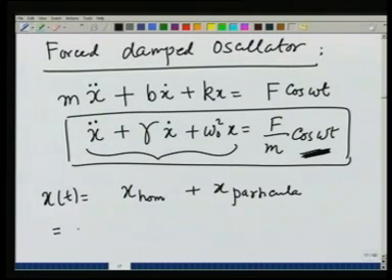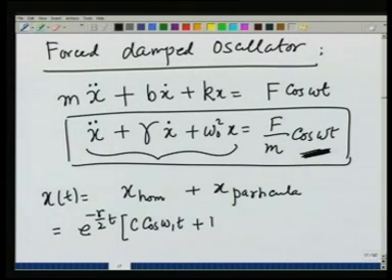In general, this would be e raised to minus gamma over 2 t, which we solved in the previous lecture, times C cosine of omega 1 t, where omega 1 is slightly different from omega 0, plus D sine of omega 1 t. This is the homogeneous solution plus x particular(t).